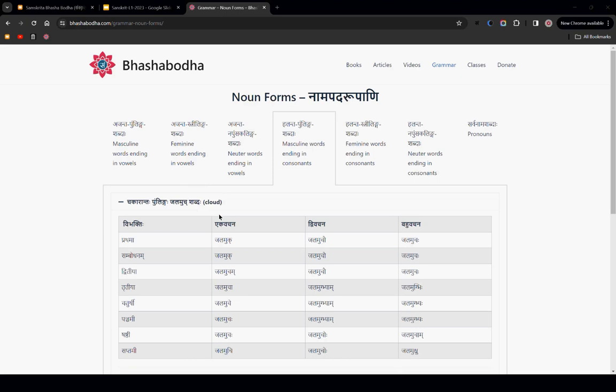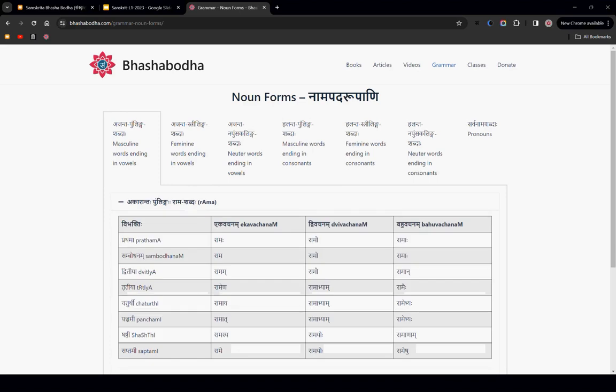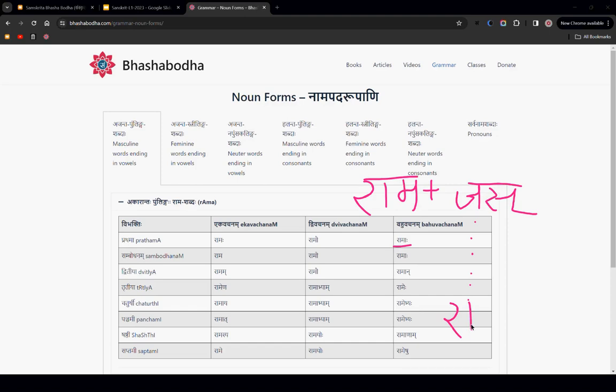So, for example, if you take the Rama shabda, finally we have this Rama, right? So Rama plus jas. This is the first step. It starts, then it goes through certain processes, and then finally we have this.